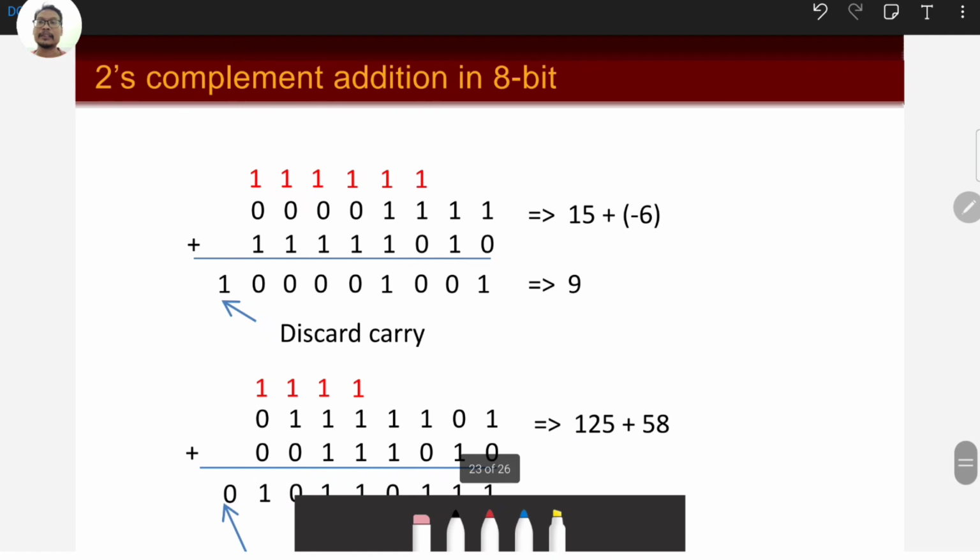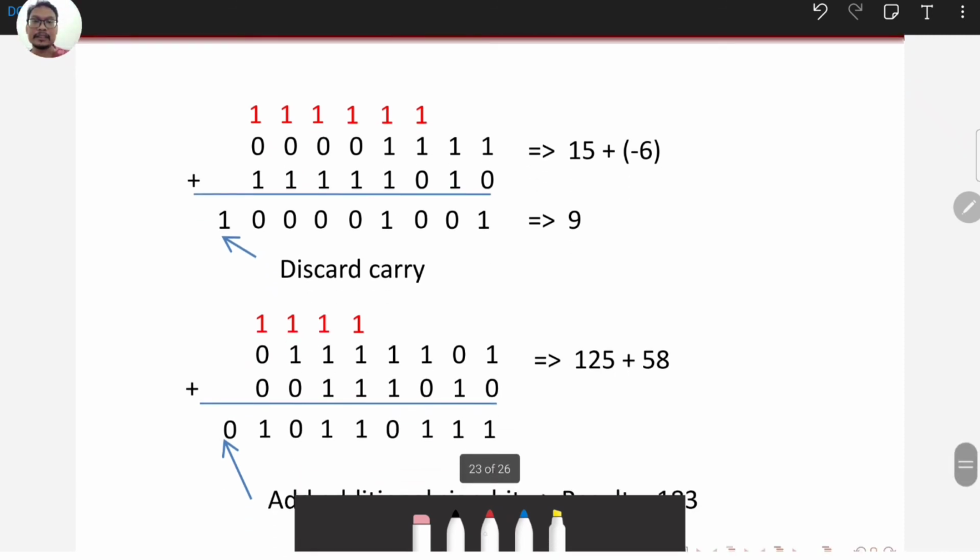So let's finish up here with some arithmetic. The arithmetic is quite straightforward, similar to standard binary. This is an 8-bit addition. For example, 15 plus negative 6 in 2's complement. 15 is represented by this binary in 8-bit, and then negative 6 is the 2's complement, and we can do a simple addition. 1 plus 1 plus 0 is 2, and so on.